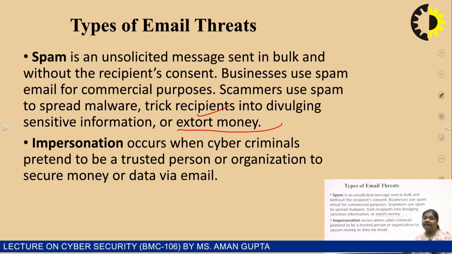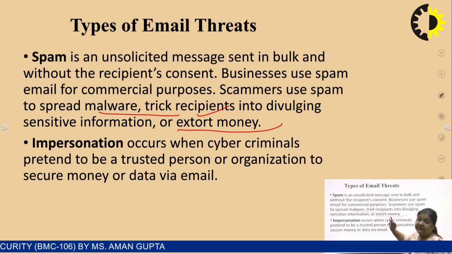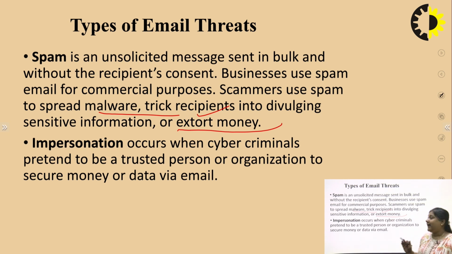They can also obtain that data by using these malwares, these spams, these links that they have sent as spam to their emails. Now next is impersonation. What is impersonation? Impersonation means to act like someone else.